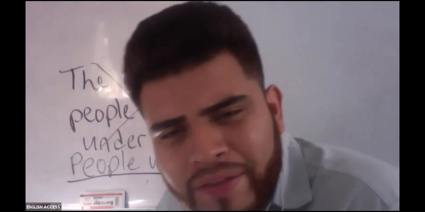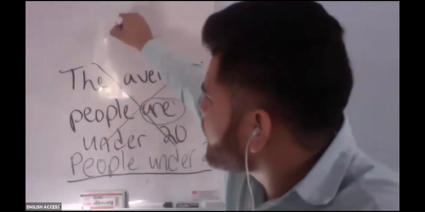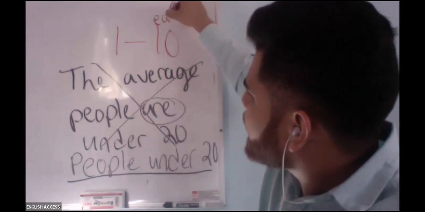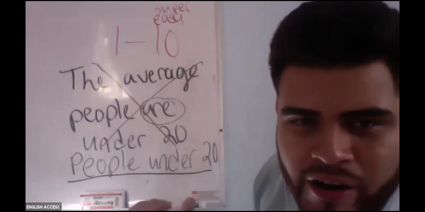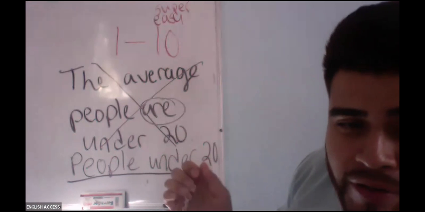How do you feel about the passive voice now? On a scale from 1 to 10, and 10 being super easy, where do you think you are? 8.2. All right, nice.